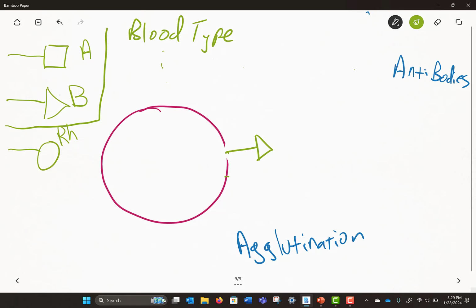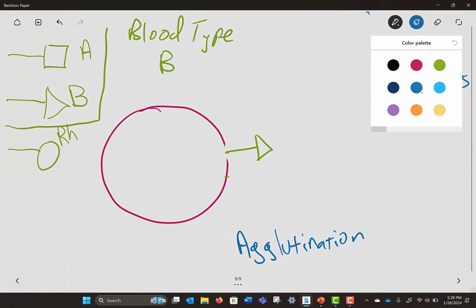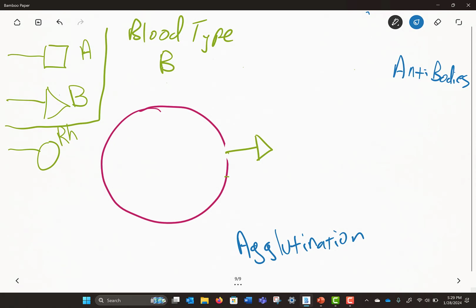Their blood type is blood type B. What antibodies would be in their plasma? The ones shaped to fit antigen A. They would have anti-A antibodies.